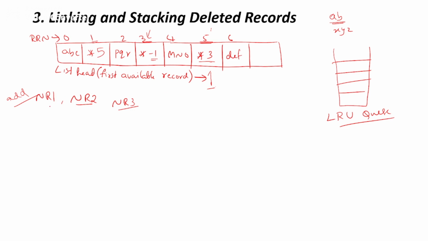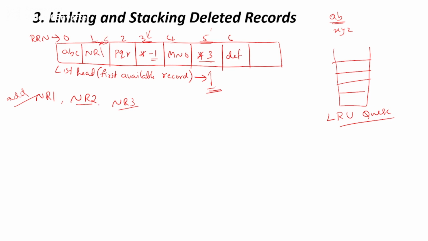New record 1 will be added to 1 because the list head is pointing to 1. So here I am going to add new record 1. Now the pointer of this was pointing to 5.